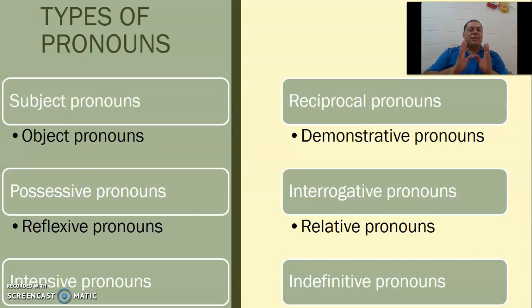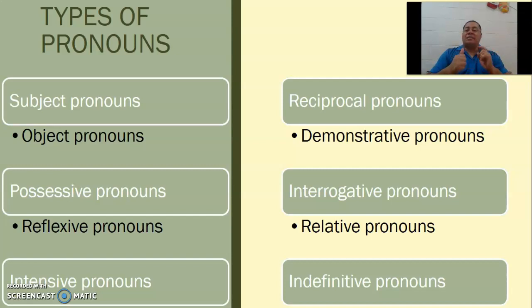Now, there's a reason why I have classified the first 5 pronouns in this row and the other 5 in the next row. It is because the subject, object, possessive, reflexive, and intensive pronouns are related. All of them have some relation.